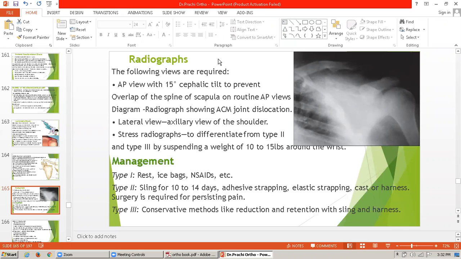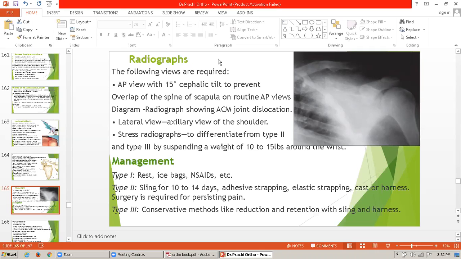In the management for this, rest and an ice bag are used, then NSAIDs, that is non-steroidal anti-inflammatory drugs, etc. are useful, with a sling for 10 to 14 days, using adhesive strapping, elastic wrapping, cast or harness.